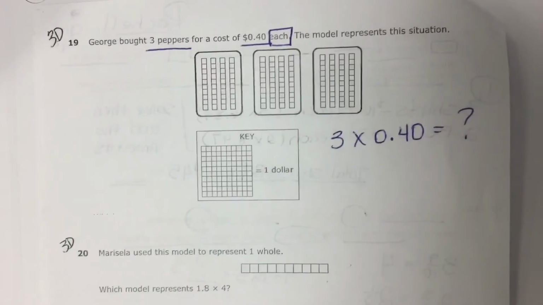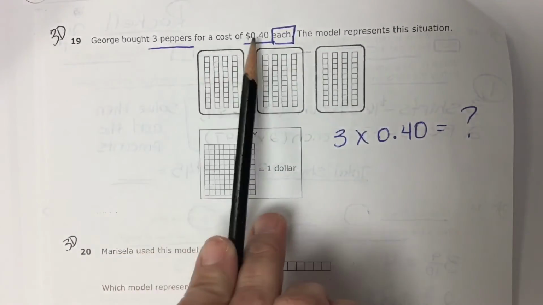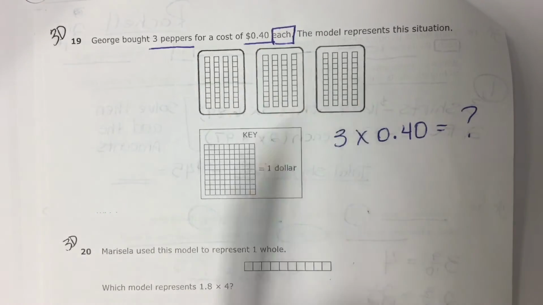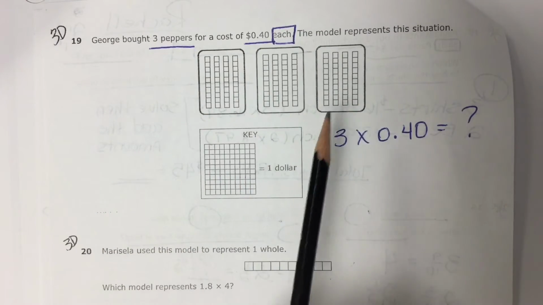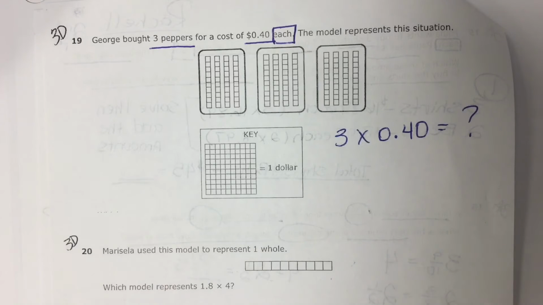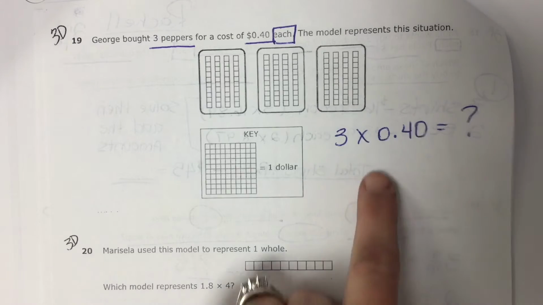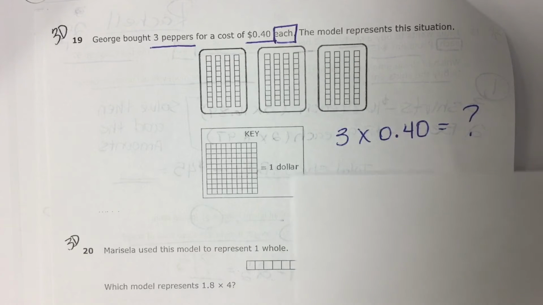So number 19. 3 peppers for 40 cents each. That's 3 peppers. This one's 40 cents. This one's 40 cents. And this one's 40 cents. So how would you solve that? We already know how to solve it. There's your equation. What would your answer be?